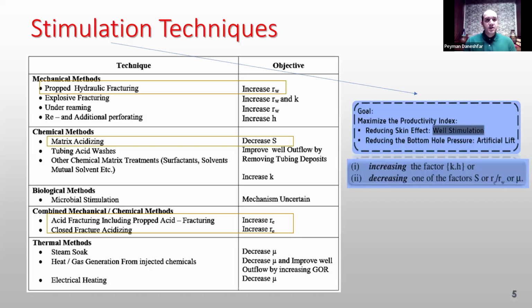If you see here, for fracturing, our goal is increasing the wellbore radius, and in matrix acidizing, our goal is decreasing the skin factor. But in acid fracturing, we increase the drainage area of the wellbore radius, because with the leak-off of the acid, we want to make the wormhole bigger.